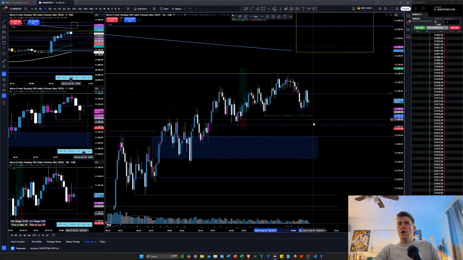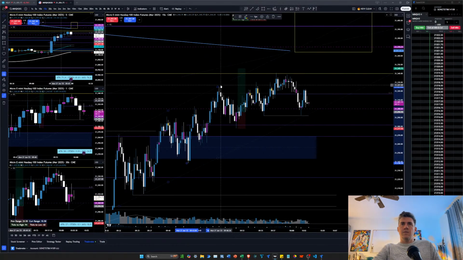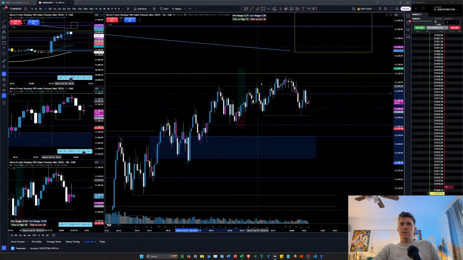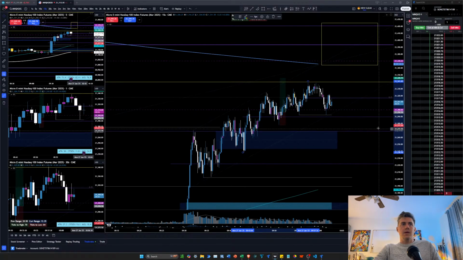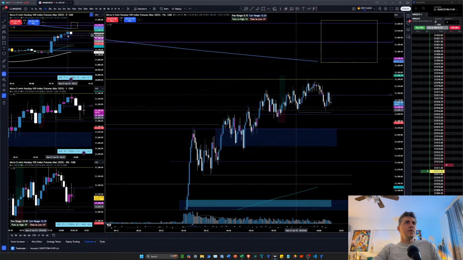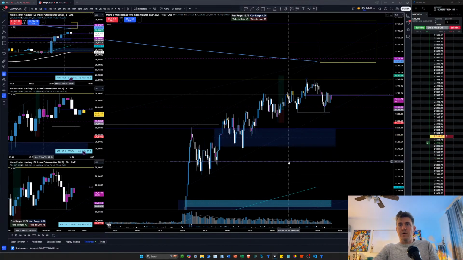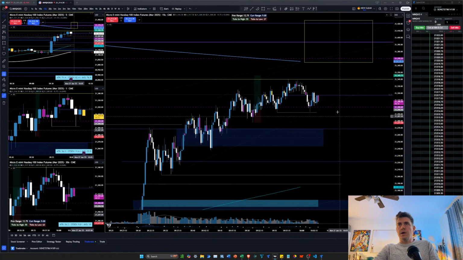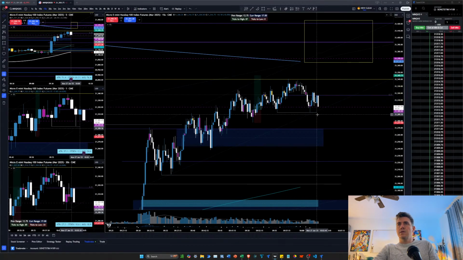I think long towards the 200 from the bottom of this channel at this liquidity. 50% of that leg is there. 50% of this leg is there. I'm going to go ahead and get rid of this for now. It's not super obvious what I'm measuring yet. All right, 50% is being respected here. Down.